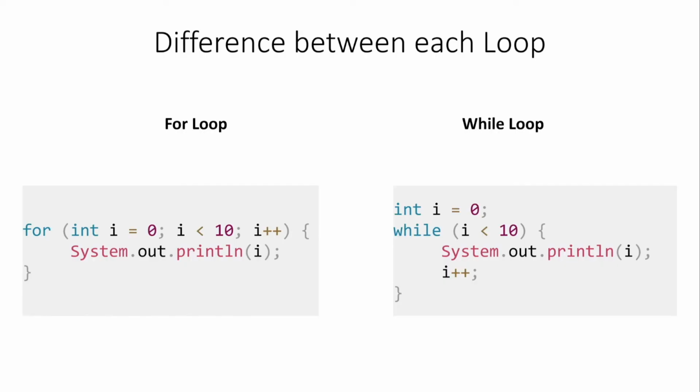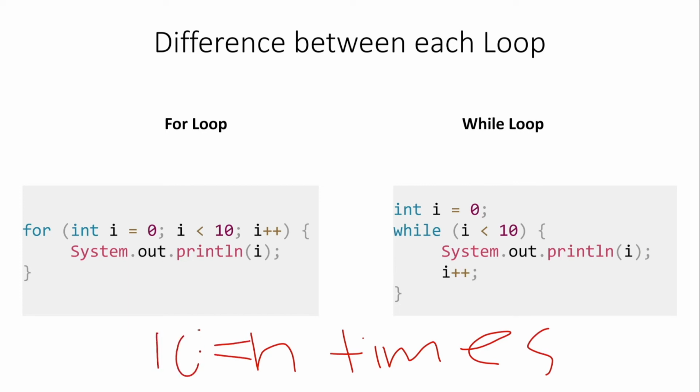So let's look at each of the loops side by side. And yes, both of these are doing something n times. In this case, n equals 10, and it will print 0, 1, 2, 3, 4, 5, 6, 7, 8, 9, which is 10 different things.